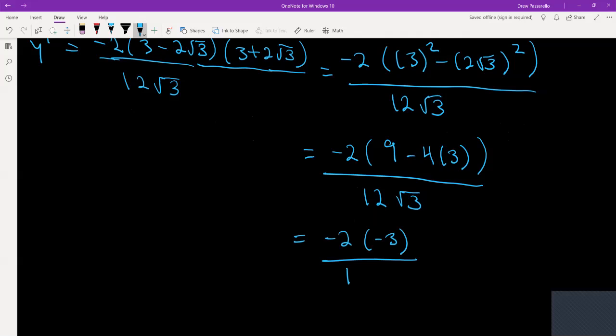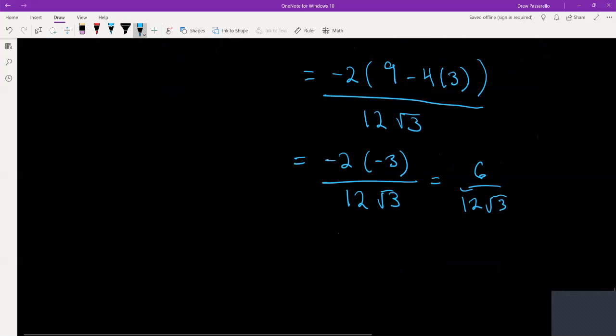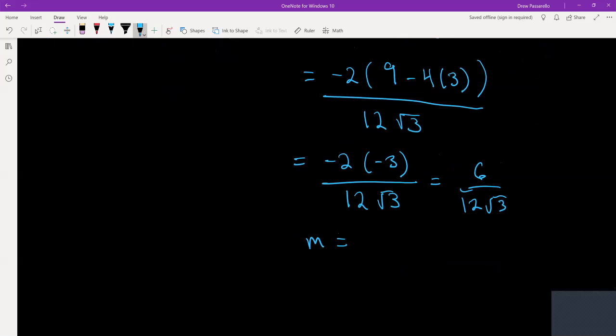And then over 12 square root of 3, and then I do negative 2 times negative 3 is 6. That's 6 over 12 square root of 3. And you can reduce this. So this reduces. And so the slope will be, and you divide top and bottom by 6, and you'll get 1 over 2 square root of 3.